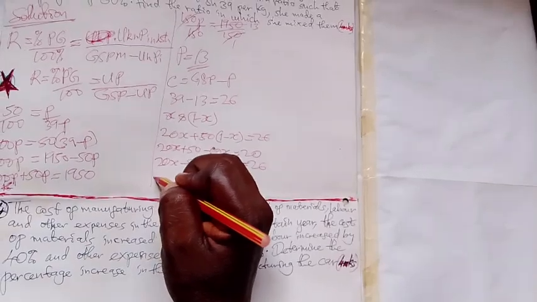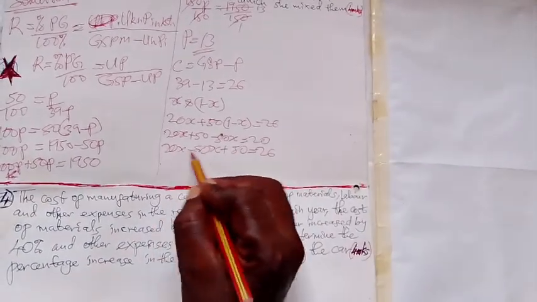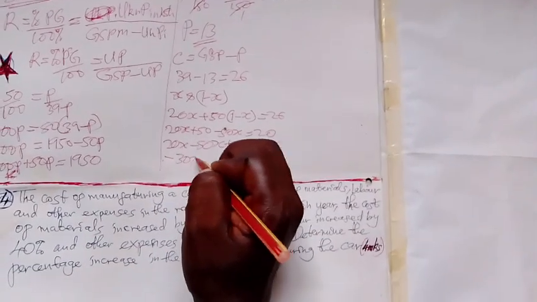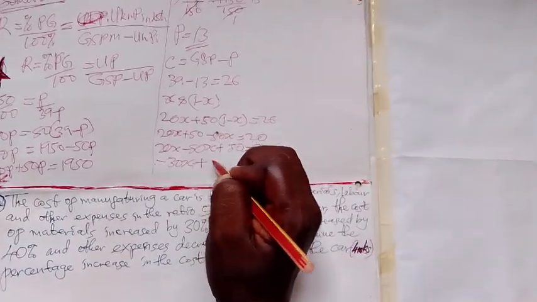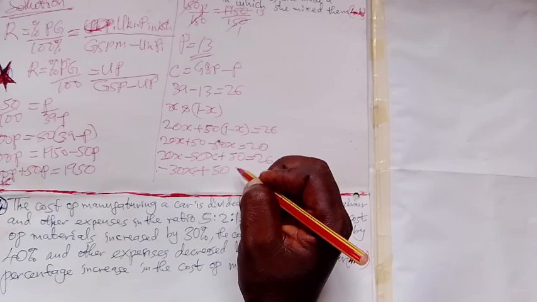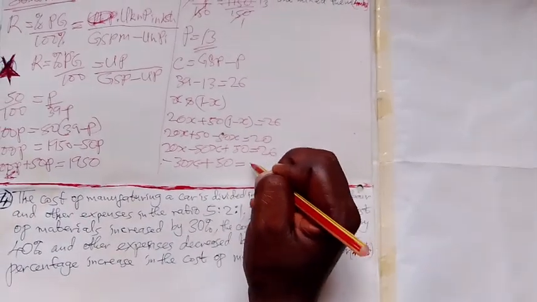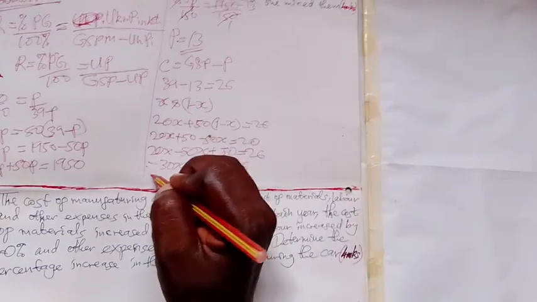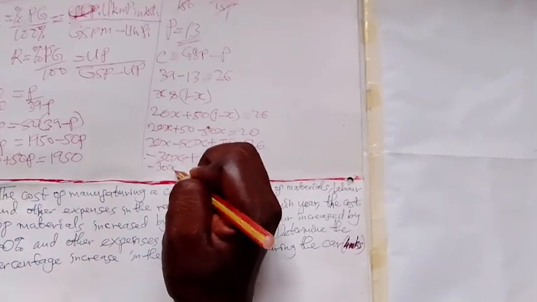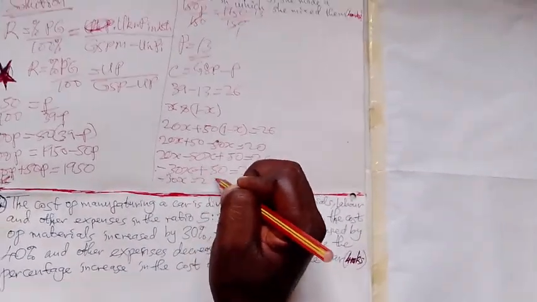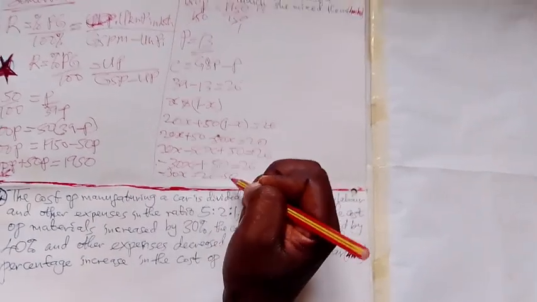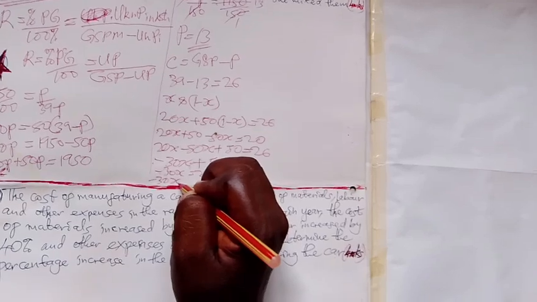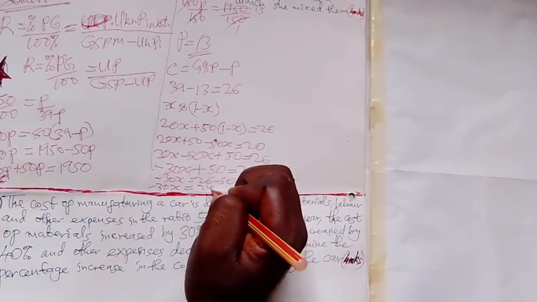Now 20x minus 50x, this is negative 30x, plus 50 is equal to 26. Given this, negative 30x is equal to 26 minus 50. Now negative 30x is equal to negative 24.